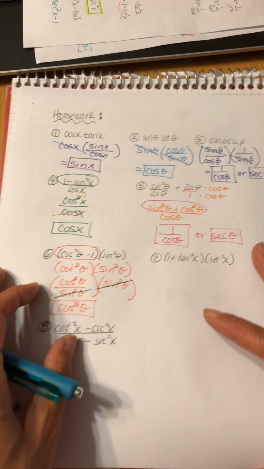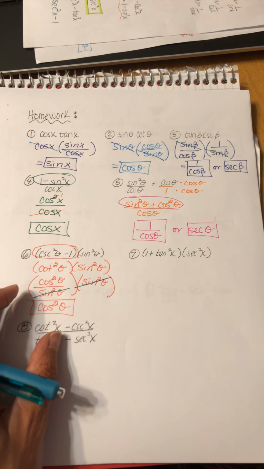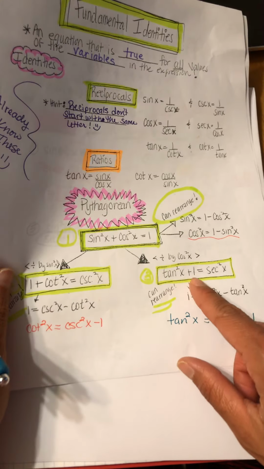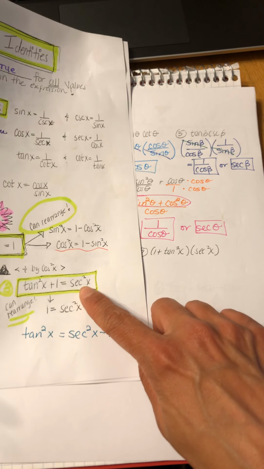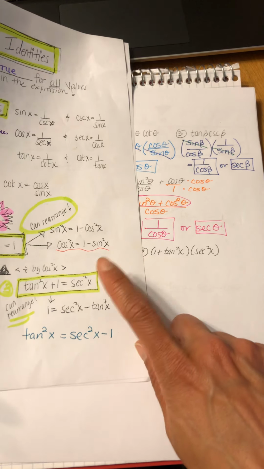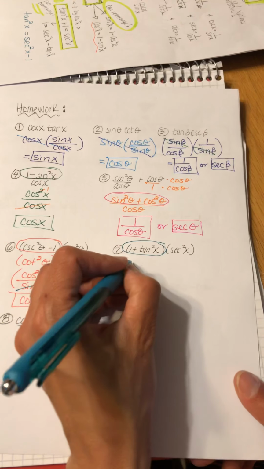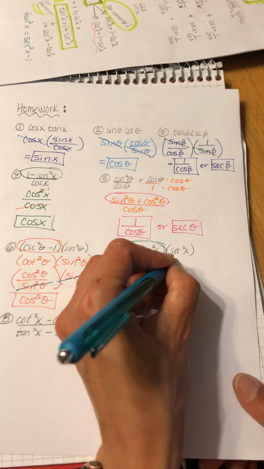Number 7, 1 plus tangent squared theta times secant squared theta. The 1 plus tangent squared theta seems highly familiar. Tangent squared x plus 1, 1 plus tangent squared theta. Hey, those are the same thing. So I can replace 1 plus tangent squared x with secant squared x. So I'm going to go ahead and circle that to kind of signify that I'm replacing it with secant squared x.